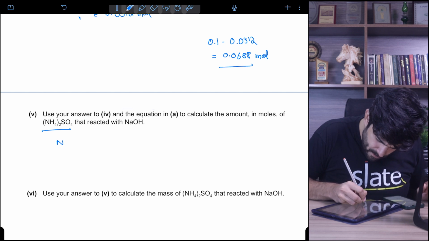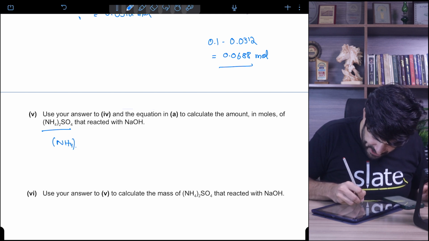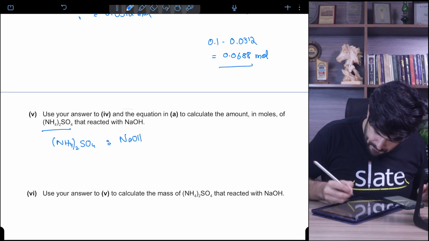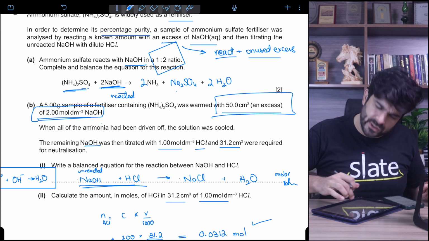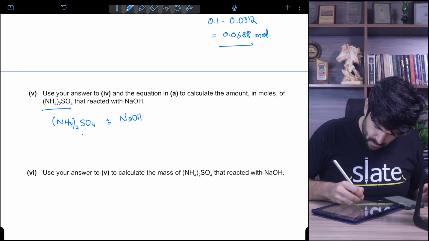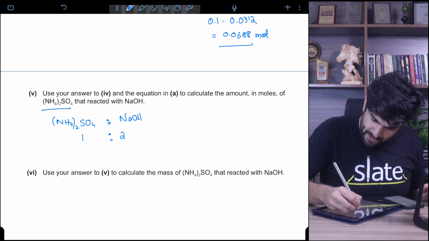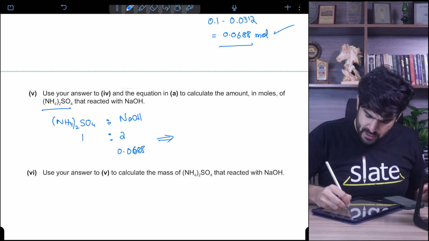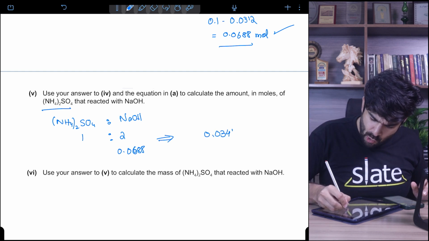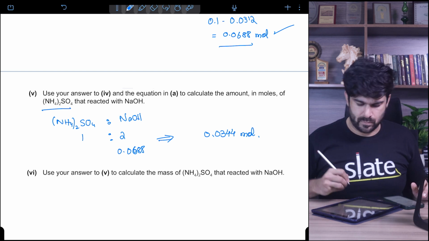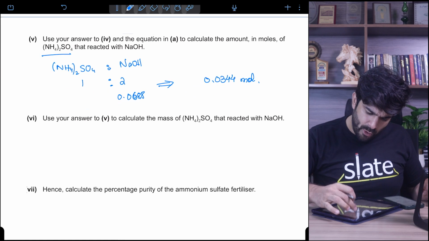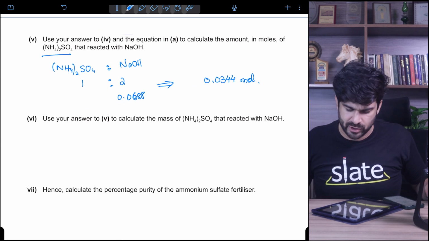We see the molar ratio, ammonium sulfate to NaOH. Look at the equation, 1:2. We have the moles here, 0.0688, and that would be half of it. So 0.0344 mol.